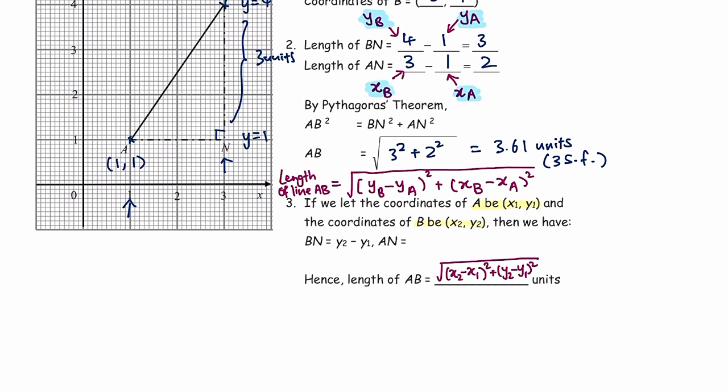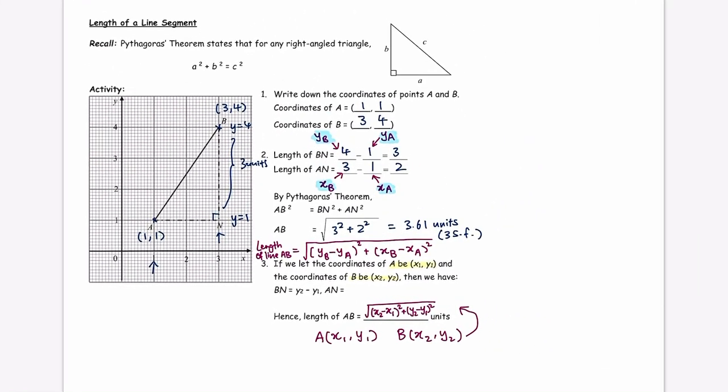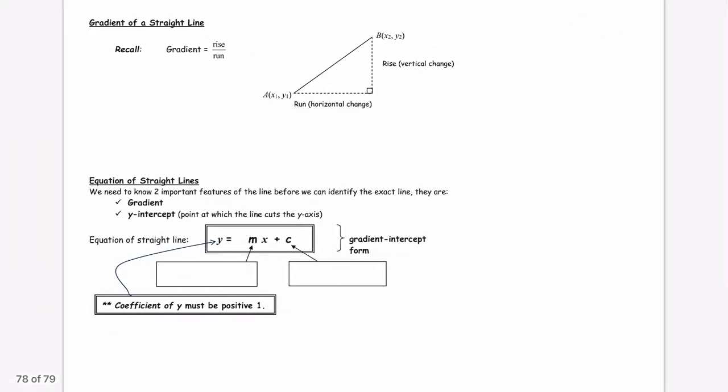So basically it looks like this. Point A has x1, y1, and then point B is x2, y2, and then we just put the coordinates into this formula like that.